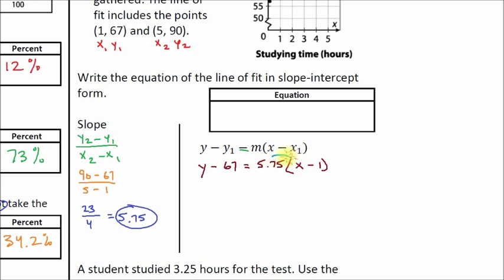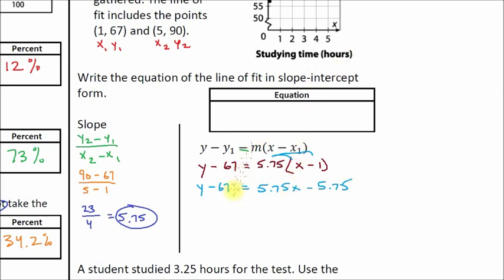Next step, let's distribute into our binomial. So now we've got y minus 67 equals 5.75 times x, and then 5.75 times negative 1 is negative 5.75.